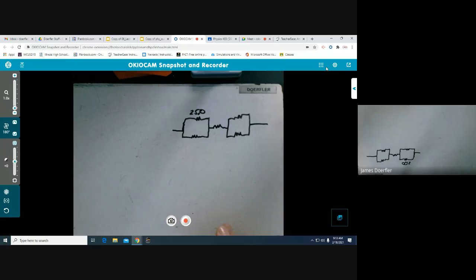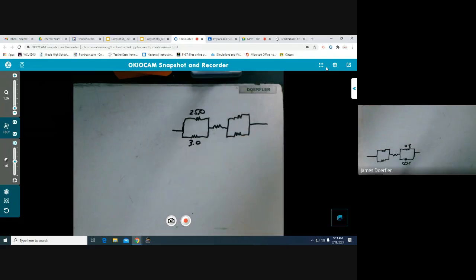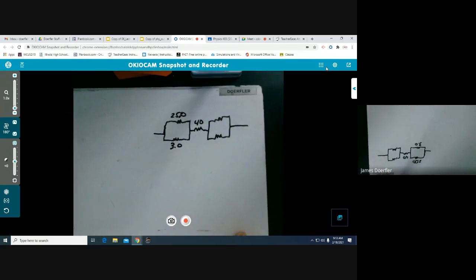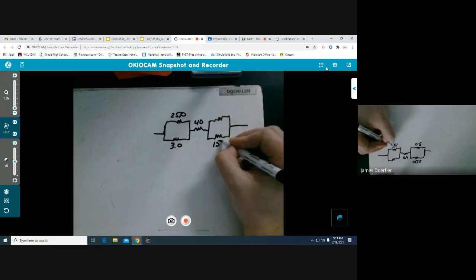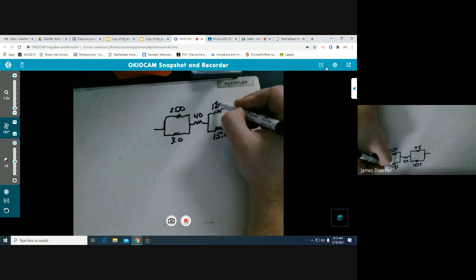We have 3.0 ohm on that one. We've got 40 on that center one there. And for D, we've got 15.0. And for E, we've got 18.0.